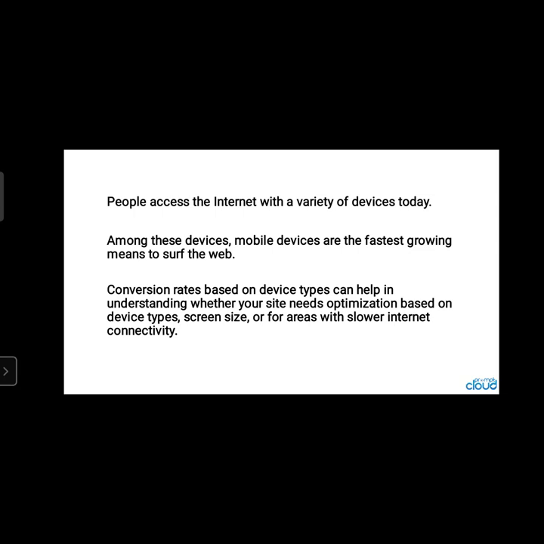Before I read this point in the PPT, I had already explained it to you. Screen size when it comes to PC and laptop is much better than mobile. When it comes to slower internet connectivity, all devices may suffer.